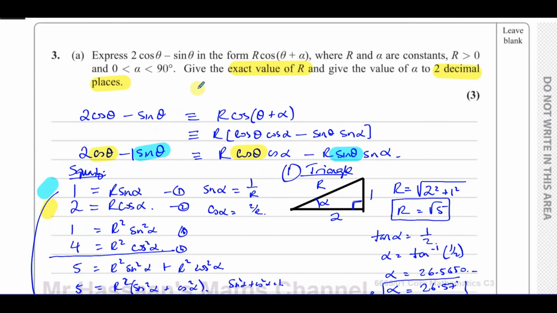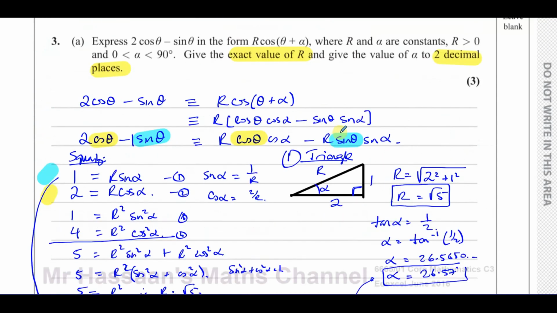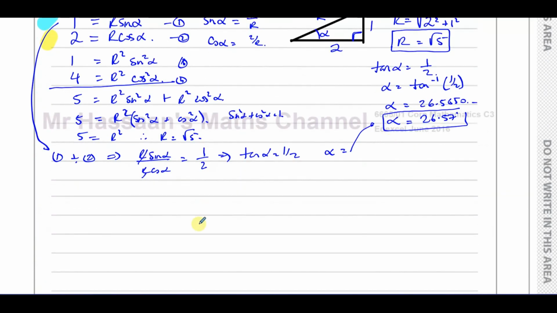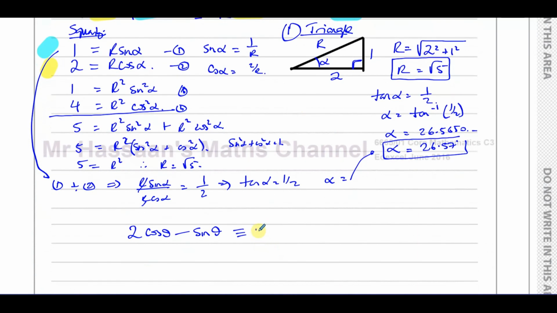So now, the question says express this in this form. So in the end, we should write down that 2 cosine theta minus sine theta is identical to root 5 times the cosine of theta plus 26.57.